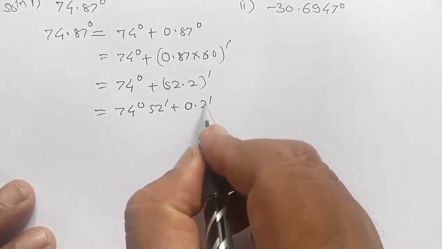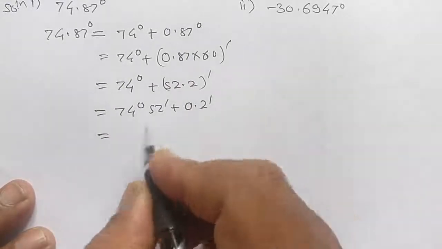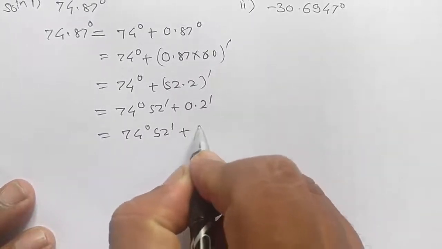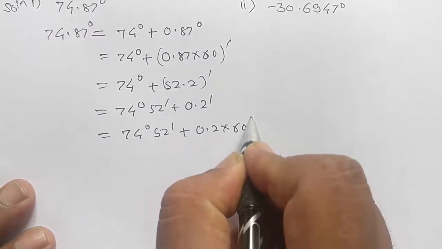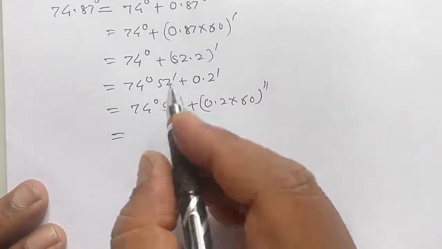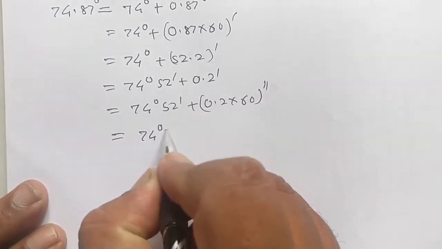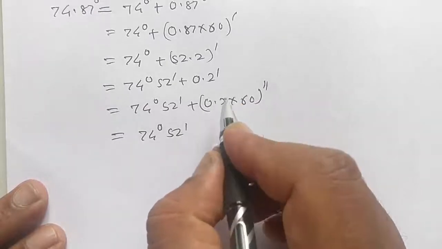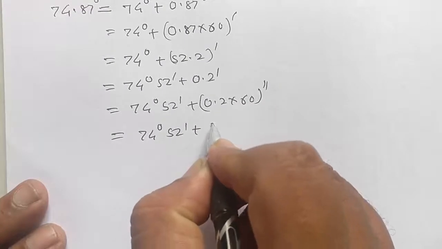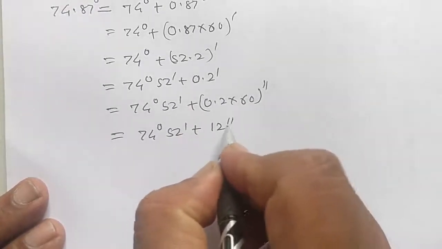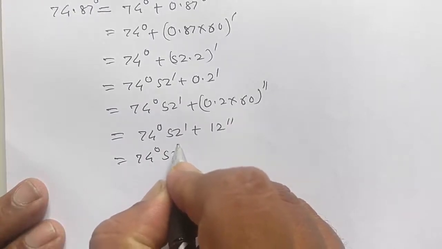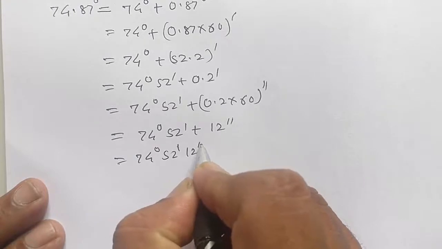Now this 0.2 is converted into seconds by multiplying by 60 seconds. 74 degree 52 minutes plus 0.2 into 60 seconds is equal to 74 degree 52 minutes plus 12 seconds. So this is equal to 74 degree 52 minutes 12 seconds.